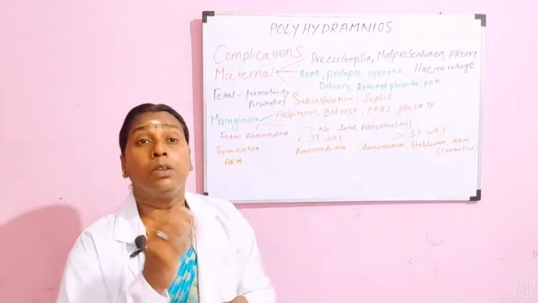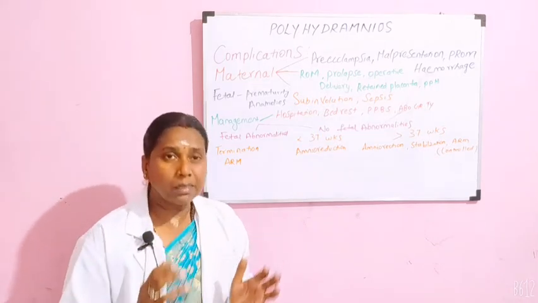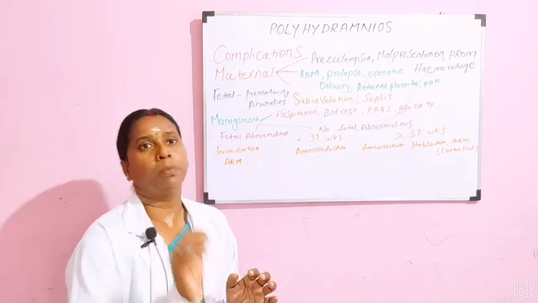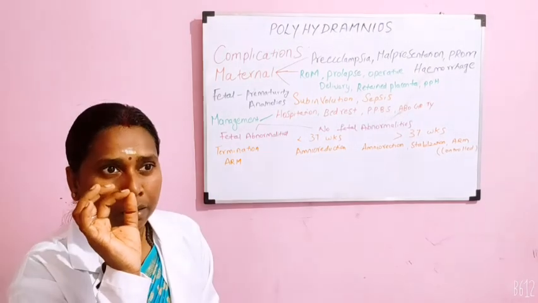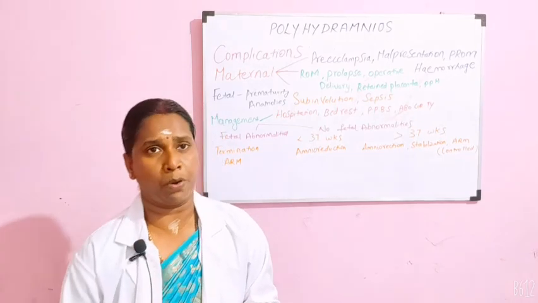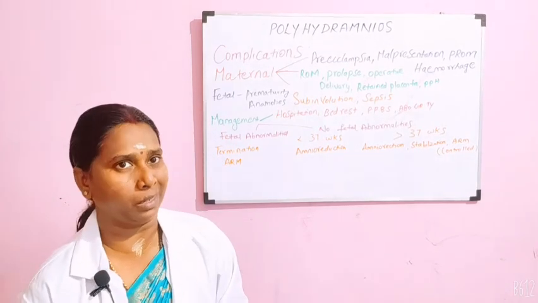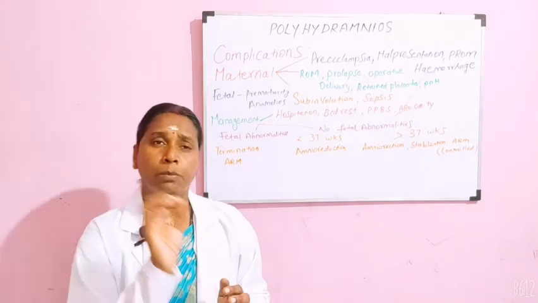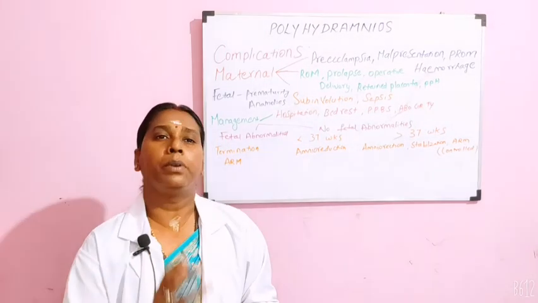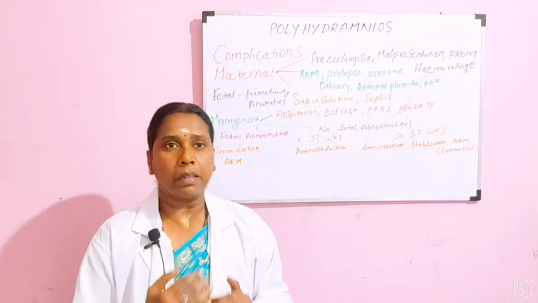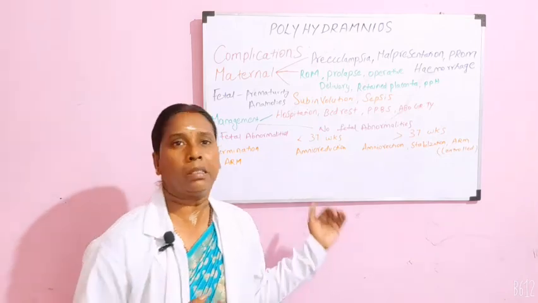That is, you create an artificial opening and remove the excess amniotic fluid to continue the pregnancy. If the mother is symptomatic, when she is having dyspnea, you can go in for amnio reduction, where the amount of amniotic fluid can be decreased and the pregnancy can be continued till 37 weeks.